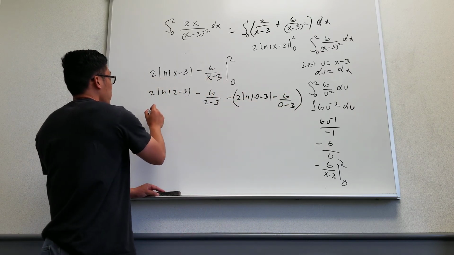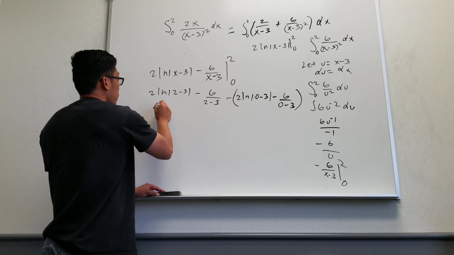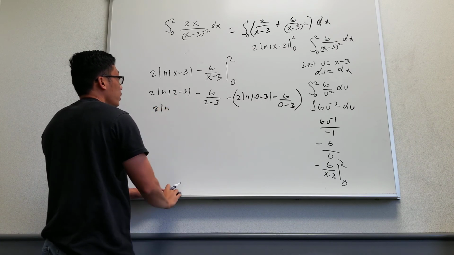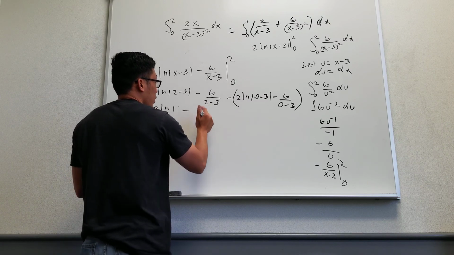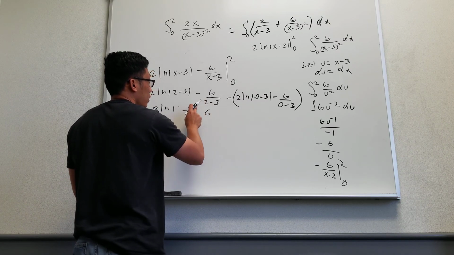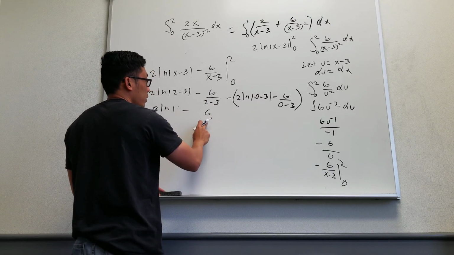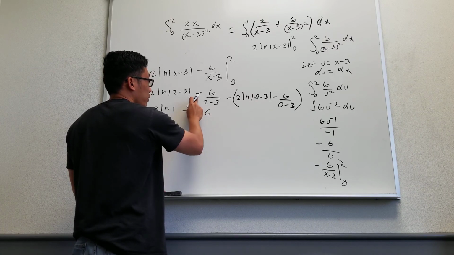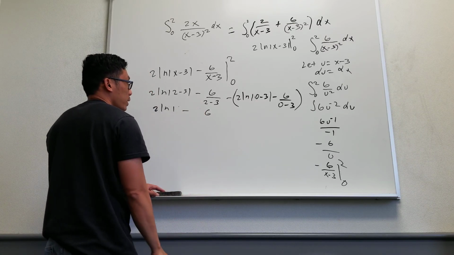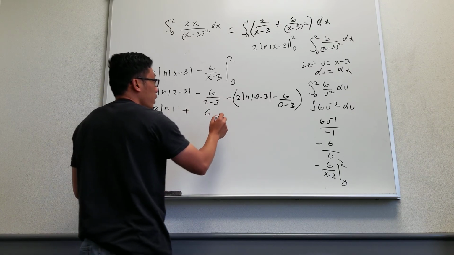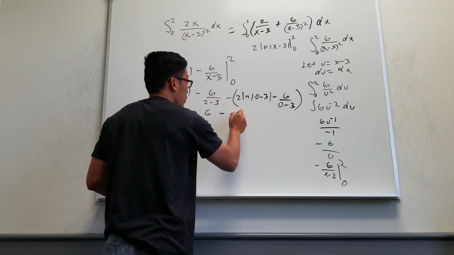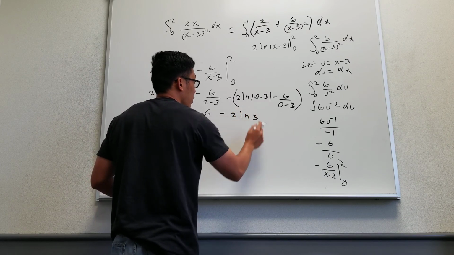So we got 2 ln of the absolute value of negative 1, which is 2 ln of 1. Minus 6 over negative 1, so that will be positive 6. Then you have minus 2 ln of 3.